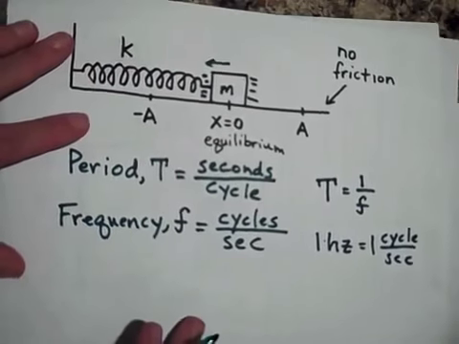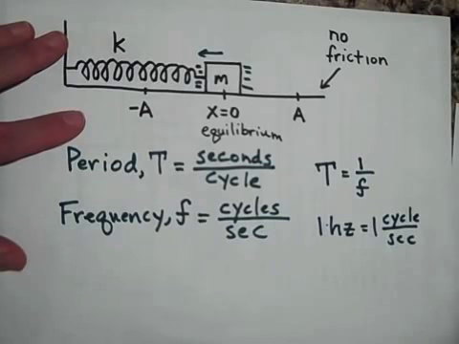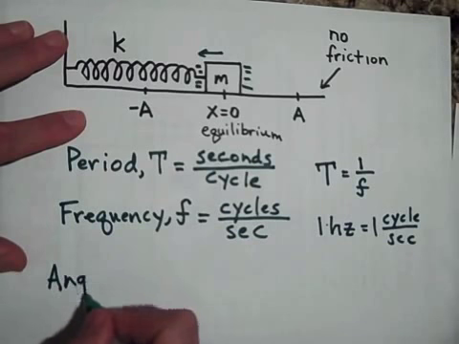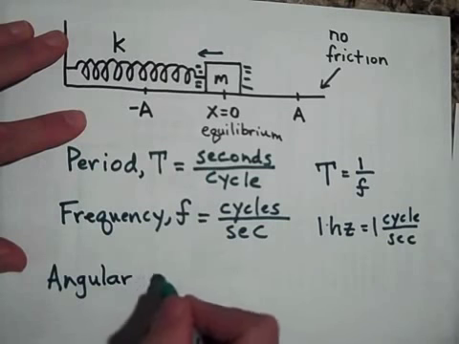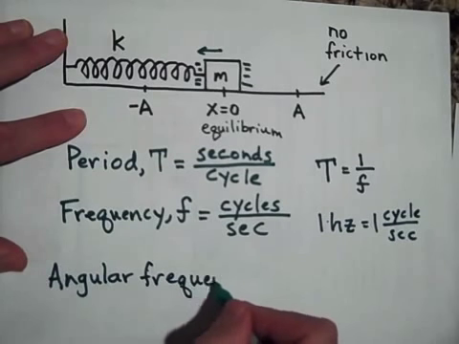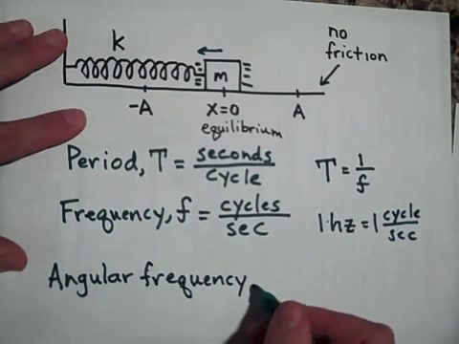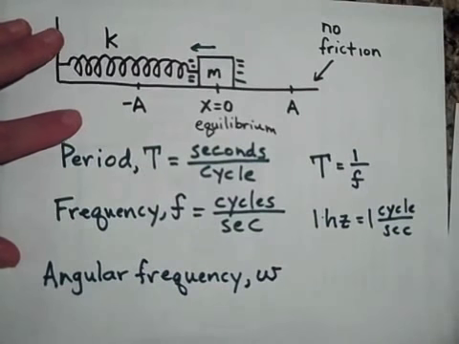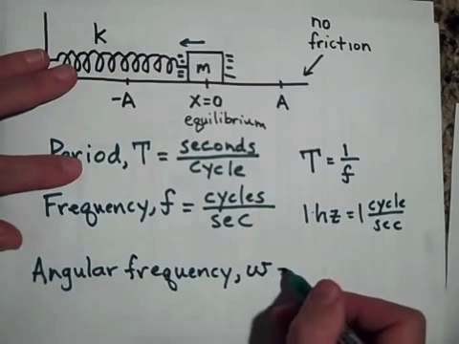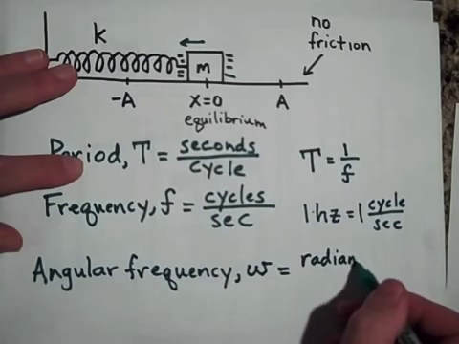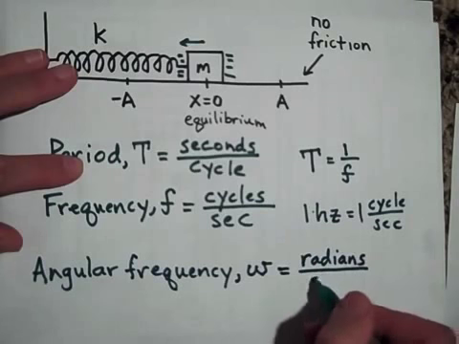All right, there's one more term that we want to know, and that's called the angular frequency. An angular frequency is going to be designated with an omega, and it's going to be how many radians per second.